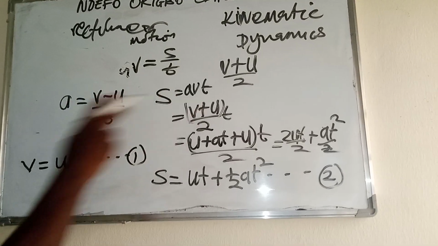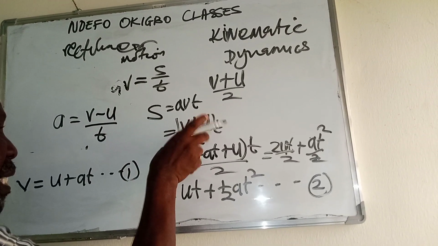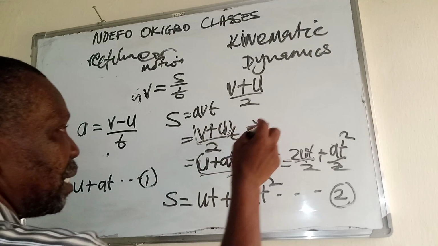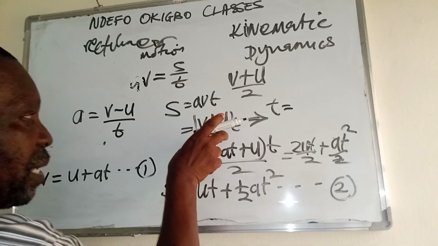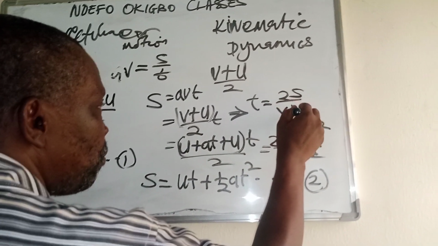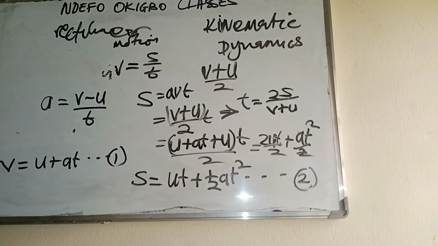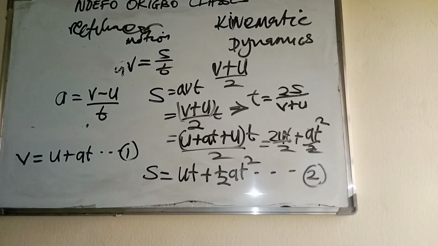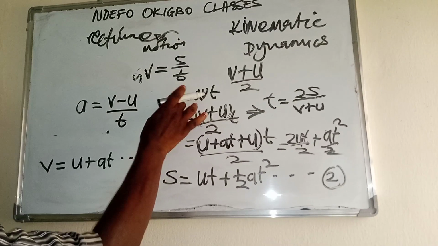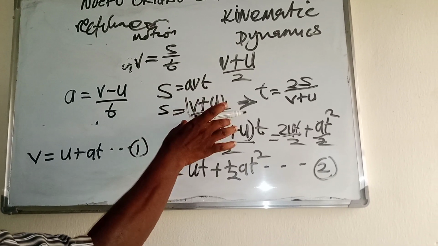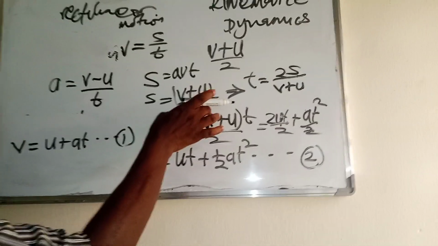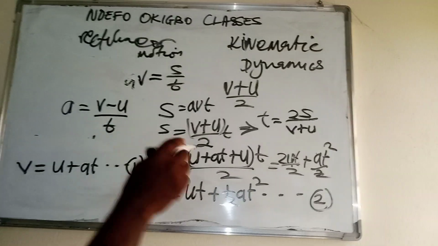So if we now replace t, t will be equal to 2s over v plus u. That's t is equal to 2s over v plus u if you make t the subject of the formula.